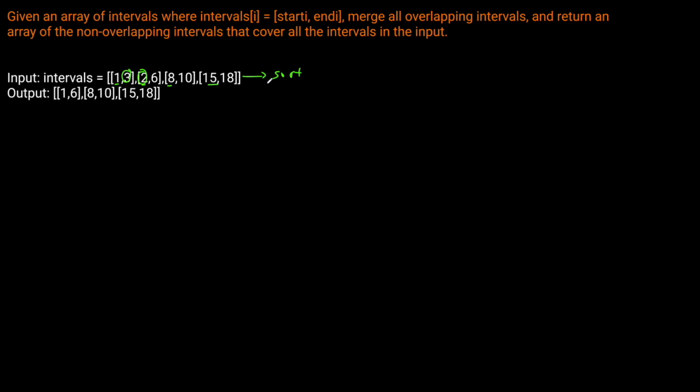We have to accept this sort in the beginning. Despite the fact that we're doing an n log n sort here, it's still going to be faster than if we just left it unsorted and then merged intervals every which way.